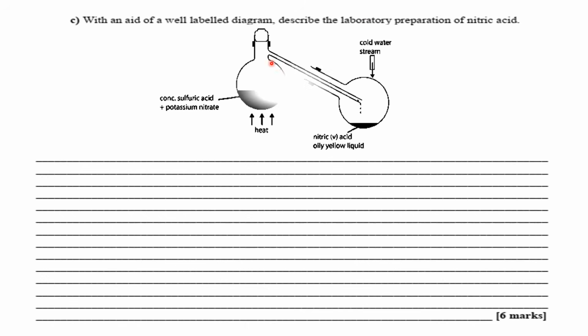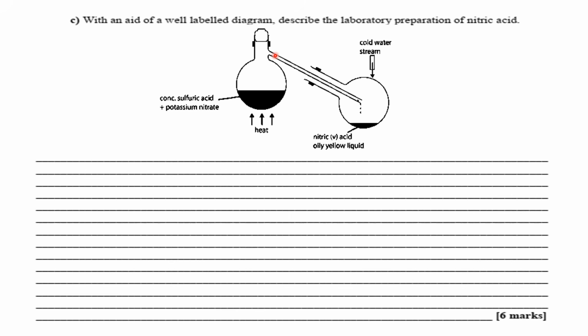For now, we are going to look at the preparation of nitric acid in the lab. The diagram you need is this one. You have concentrated sulfuric acid being added to potassium nitrate, or also sodium nitrate. The issue here is that we need the nitrate part. Then heat the mixture.